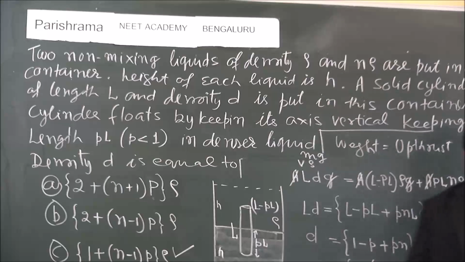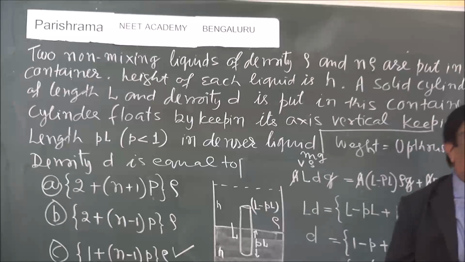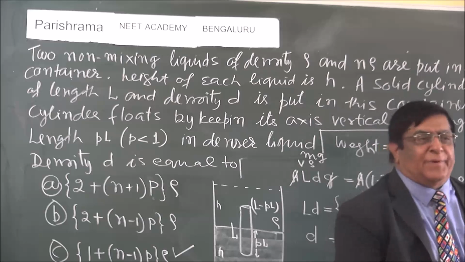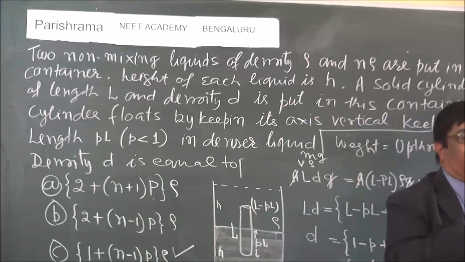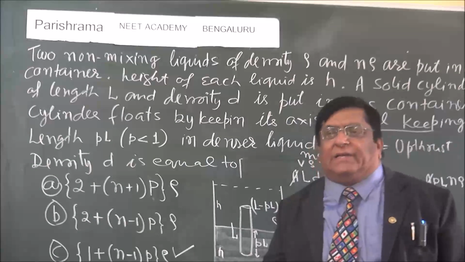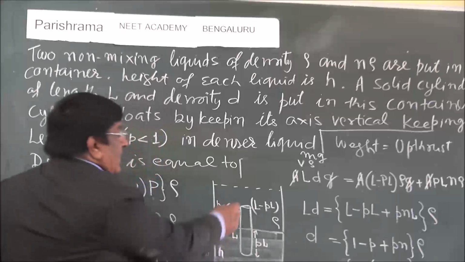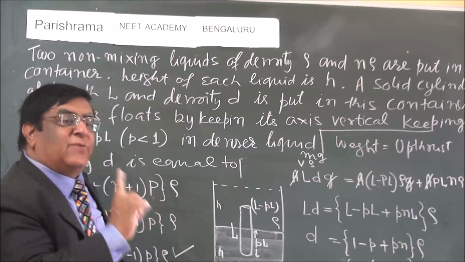So what you need is a little mathematics, but the first thing in physics, what you need to have? Equation. And in equilibrium, you have to find that quantity which is creating the equation. Here, what is that quantity? Weight equal to upthrust. Why? Because it is floating.